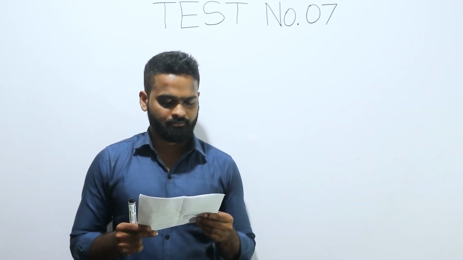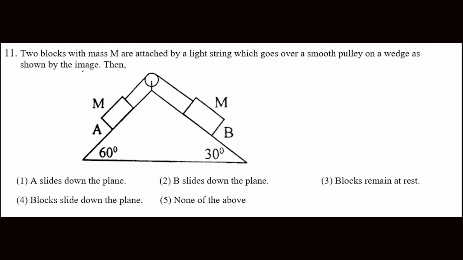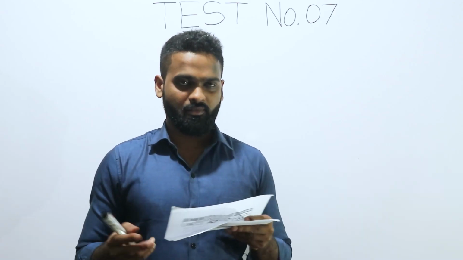11th question. Two blocks with mass capital M attached by a light string which goes over a smooth pulley on a wedge as shown in the image. What they ask is what happens here. This is a simple question, right?